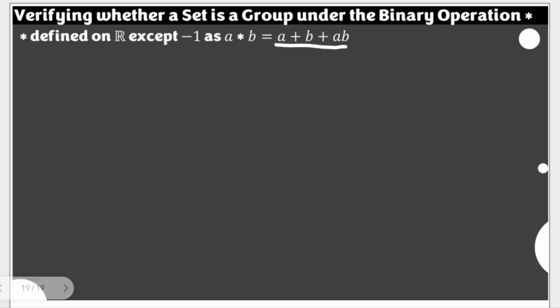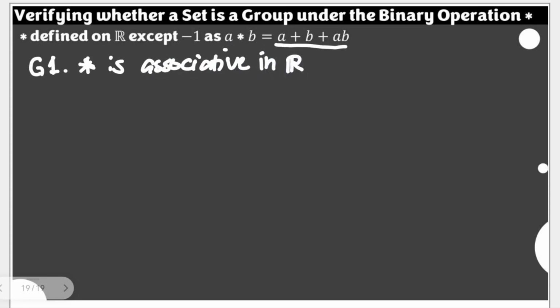The first condition is G1, the identification of whether star is associative in R. Again, except for the set containing -1, because we will not be including -1 as defined in our given. So we are going to see whether this is associative.